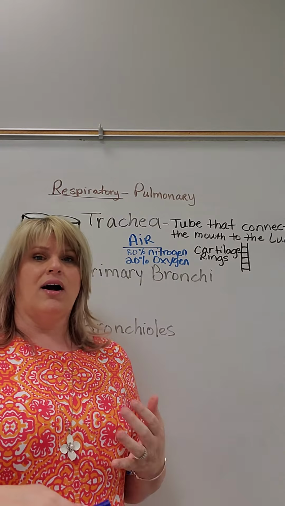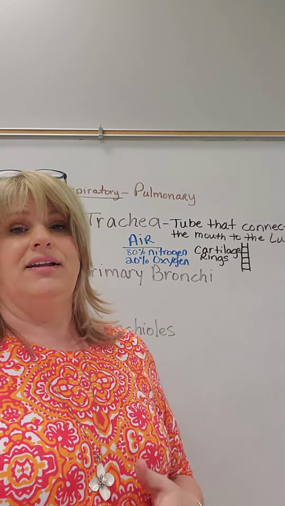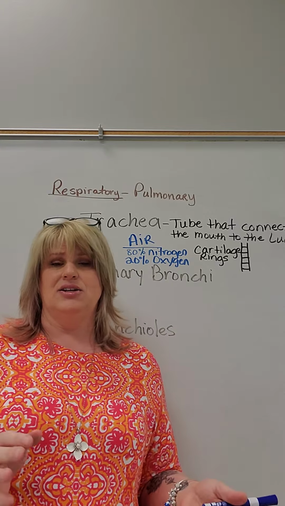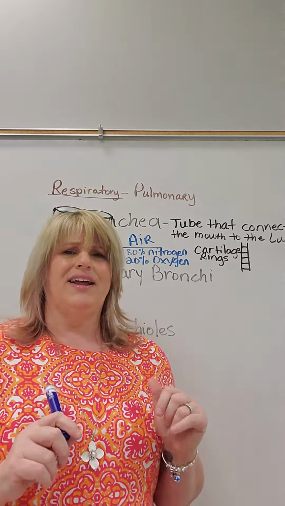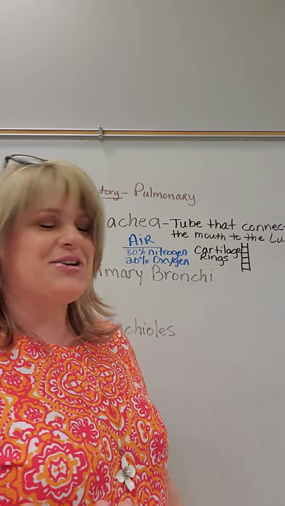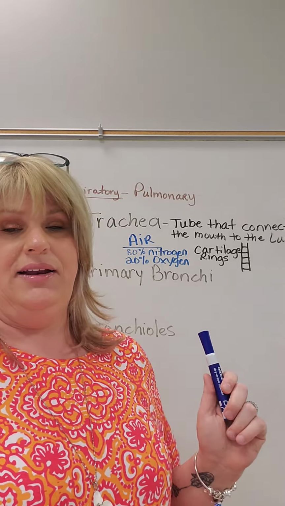You have some argon, some helium in the air. You have all different gases that you're breathing in, nitrous oxide, stuff like that. But for the most part, it's an 80-20 split. So you would think the body would thrive on nitrogen because there's so much available. But it's actually the oxygen we need.